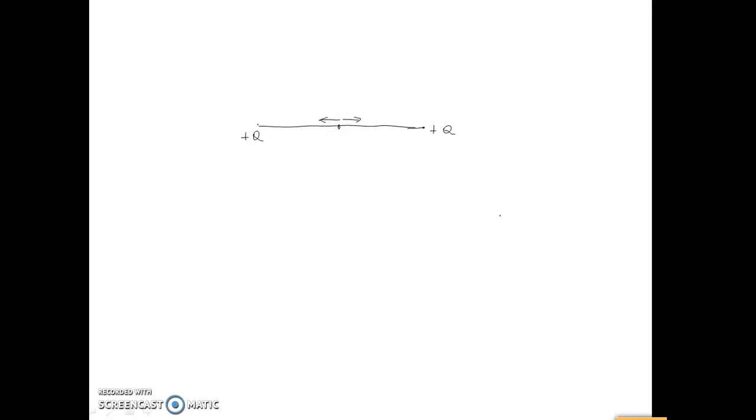So therefore the field here is 0. This point is known as a null point. A field line does not pass through a null point.